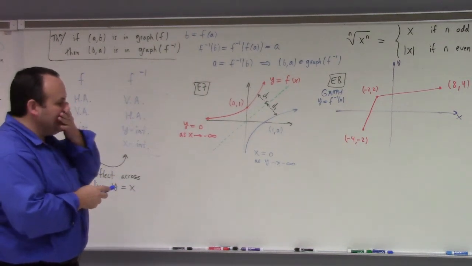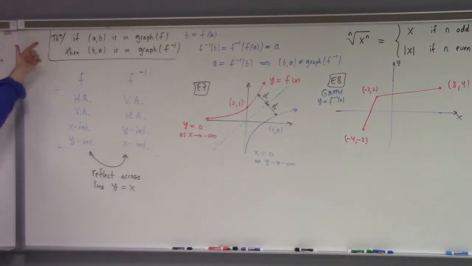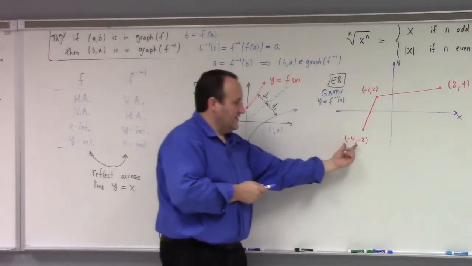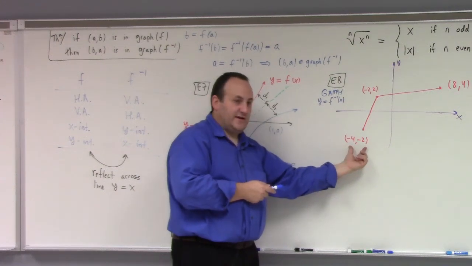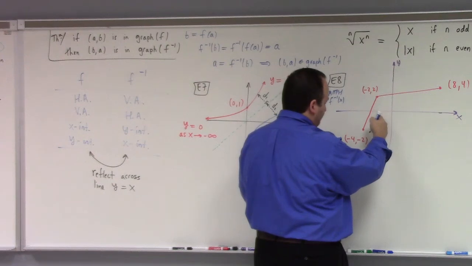So let's see here. To find the graph of the inverse function, we just use this theorem. You just turn the points around. So like -4, -2 gives you the point -2, -4.